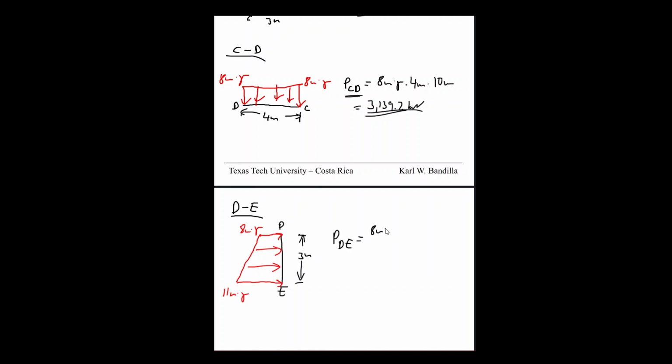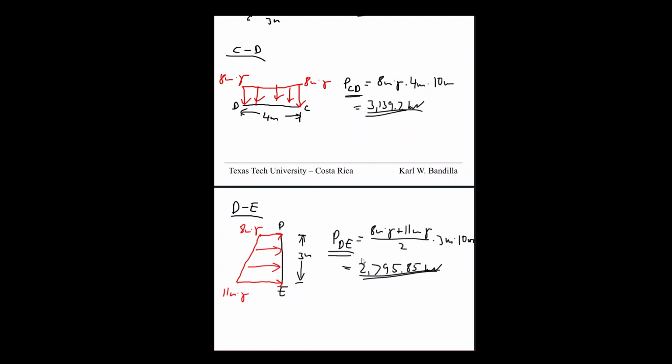So it'd be 8 meters times gamma plus 11 meters times gamma, divided by 2. This time the length is 3 and the width of course is still 10. And that gives me 2,795.85 kilonewton.